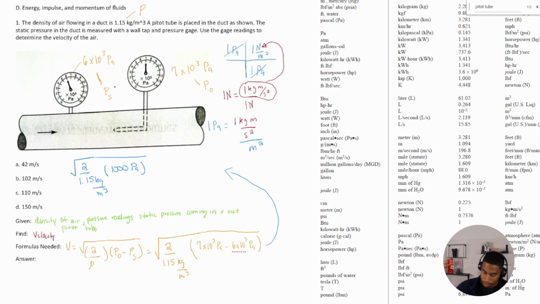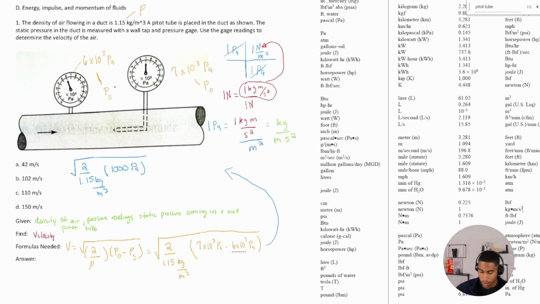And so that simplifies to it just being kg over m times s squared. Okay, so 1 Pa equals 1 kg over meters times second squared.